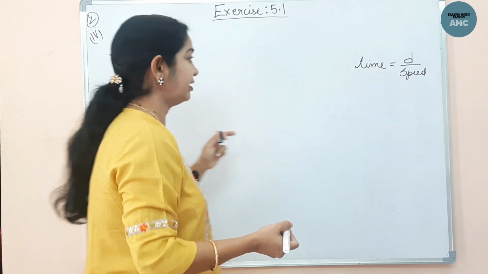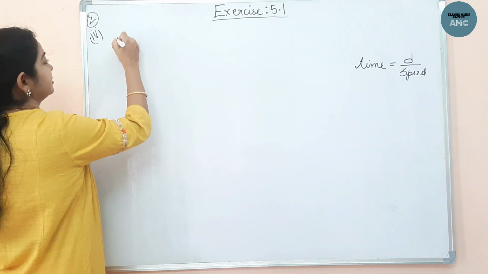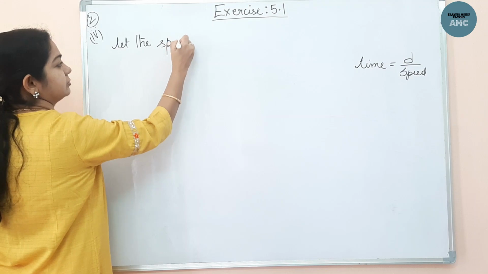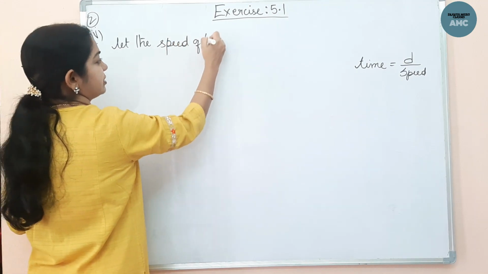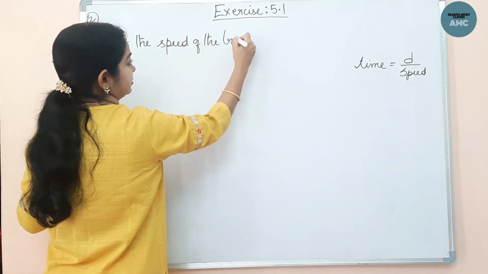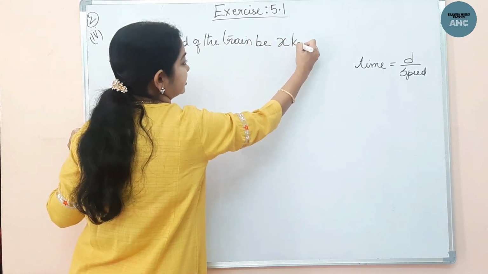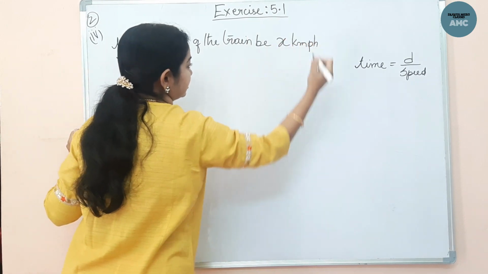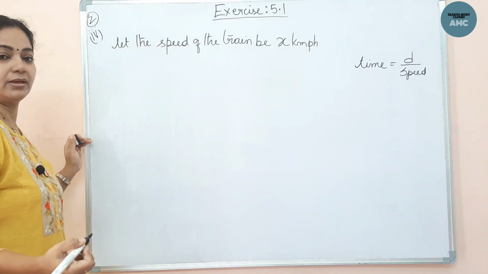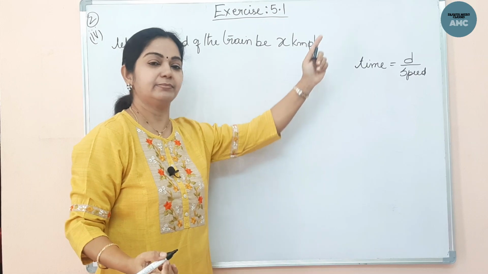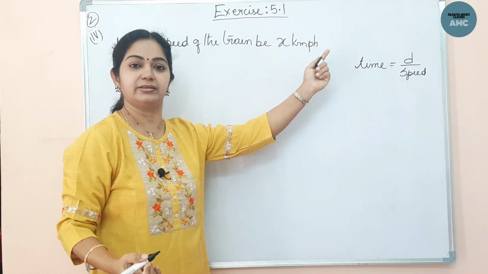This we know. Let the speed of the train be x kilometers per hour. Speed is calculated by distance by time, kilometers per hour, isn't it?